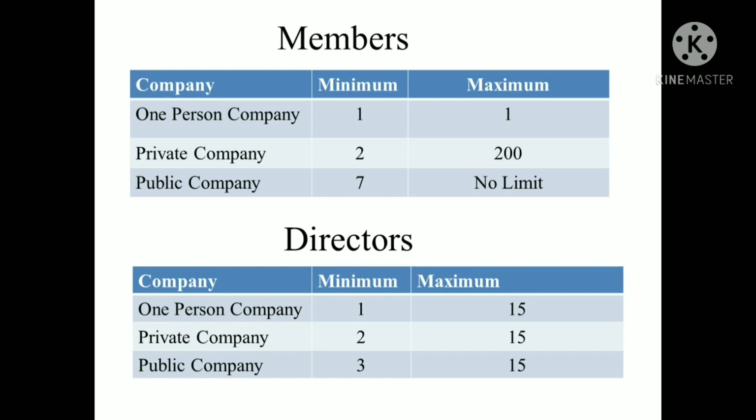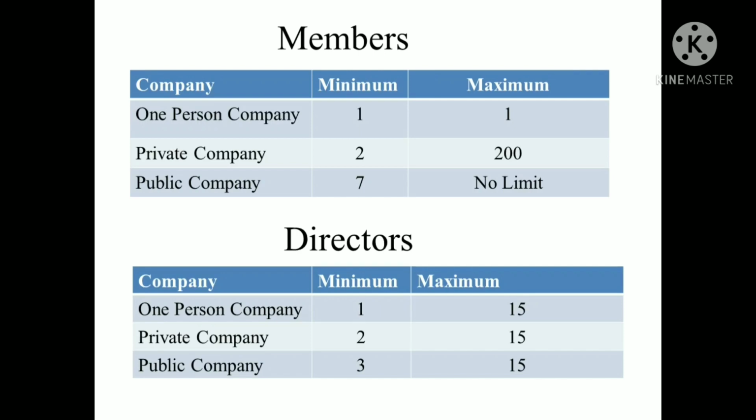Means in your examination point of view, आपको ये याद करने के लिए बहुत ईजी रहेगा कि मैक्सिमम नंबर ऑफ डायरेक्टर्स इन एनी काइंड ऑफ कंपनी, वेदर दैट कंपनी इज अ वन पर्सन कंपनी, प्राइवेट कंपनी और पब्लिक कंपनी, मैक्सिमम डायरेक्टर्स कितने होते, वो होते 15 डायरेक्टर्स. एंड यहाँ पे देख लो कि वन पर्सन कंपनी में 1 डायरेक्टर, प्राइवेट कंपनी में मिनिमम 2 डायरेक्टर्स एंड पब्लिक कंपनी में मिनिमम 3 directors are required.